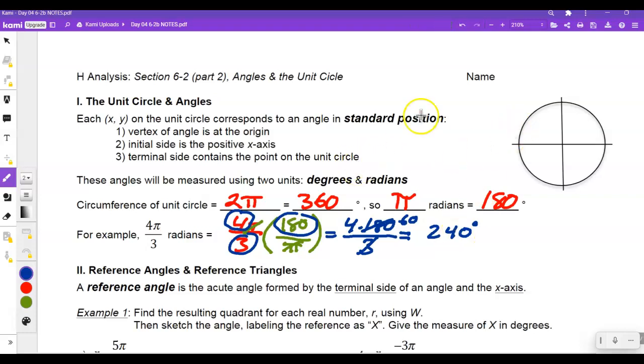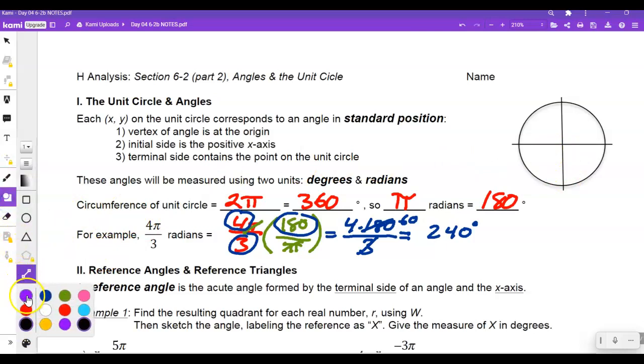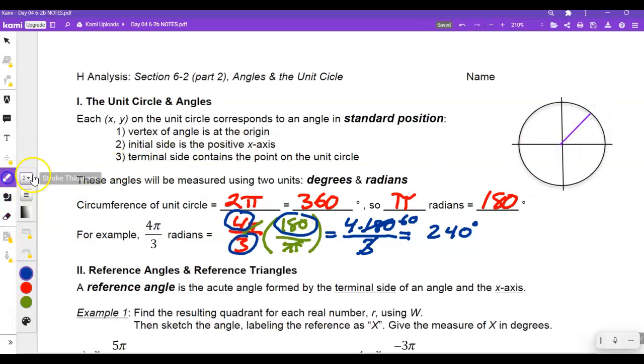Now there's a slight difference between degrees and radians and what they measure. If I took a generic angle right here, from the origin to anywhere, we call that theta, by the way.